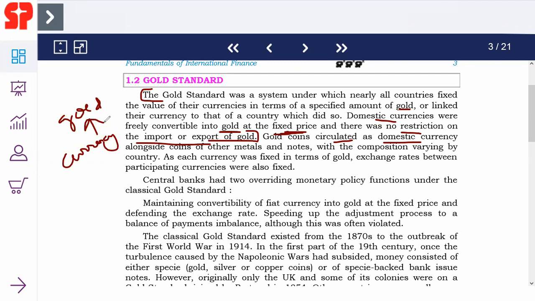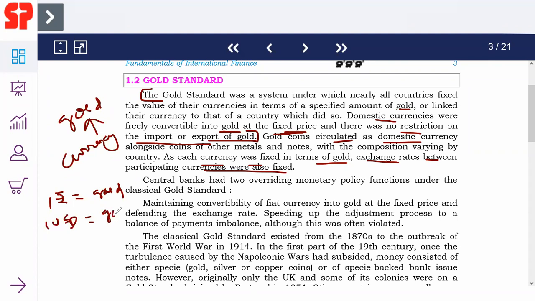Gold. Understood? So as each currency was fixed in terms of gold, the exchange rate between participating currencies was also fixed. Very simple, no? The rupee will also be fixed in terms of some gold weight. Other countries' currencies will also be linked to gold.